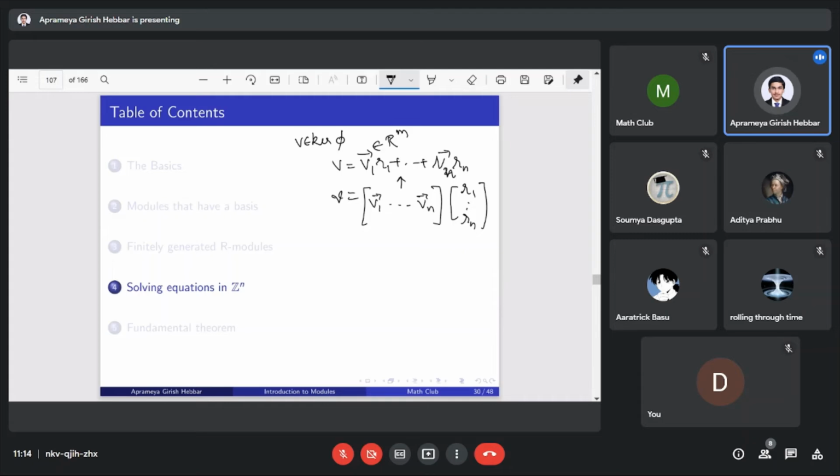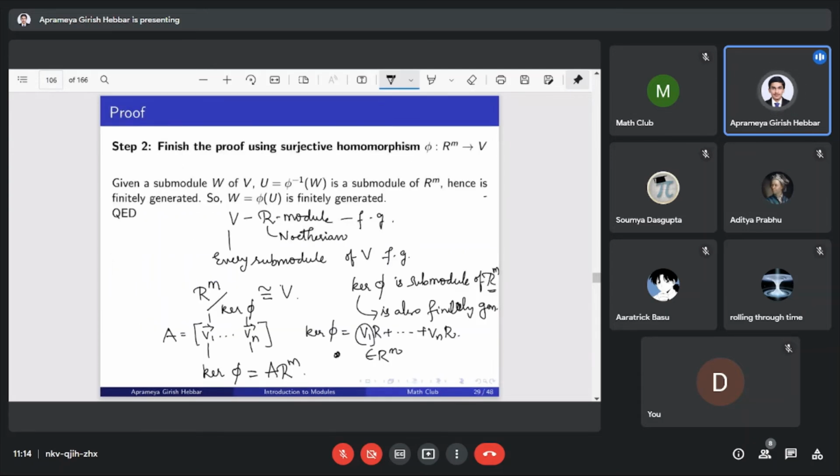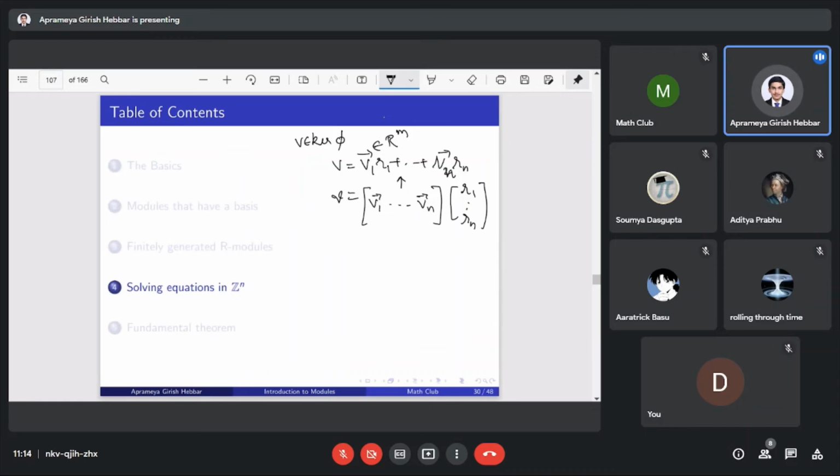So what do we have? For any finitely generated module V, we have R^m over A R^n is isomorphic to V. And so we are able to find this nice form for any finitely generated module. We'll use this form for proving the fundamental theorem.